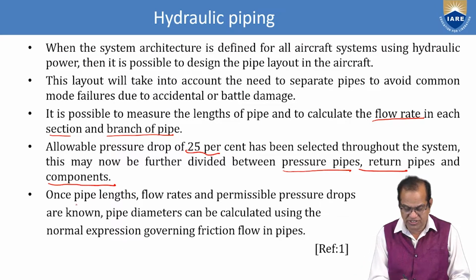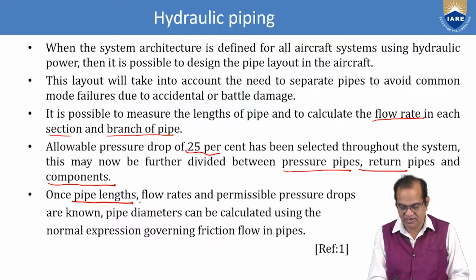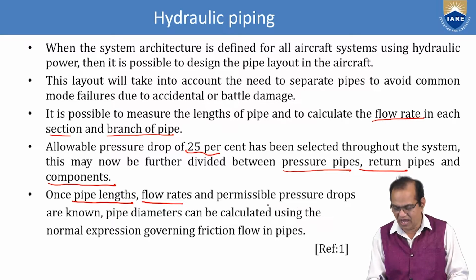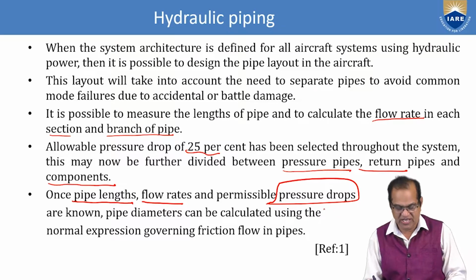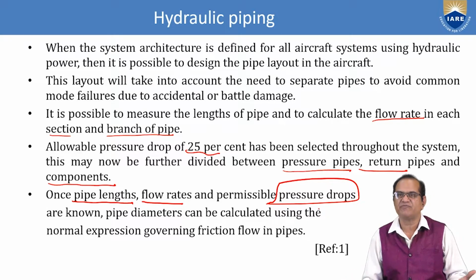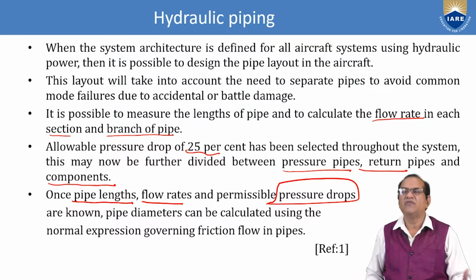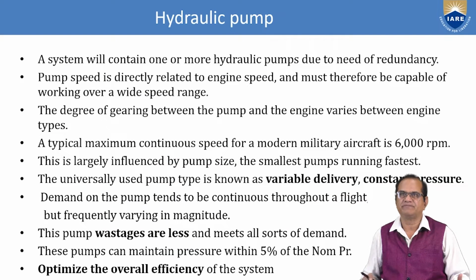If we know these three things, then by using the equations of normal frictional flow in pipe, we can calculate the diameter and other material, and we can design and fabricate as per the requirement.